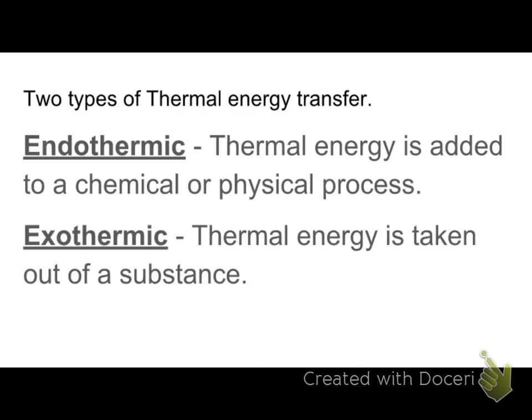So if we go into a house and our body warms up, our body's the system because our body's getting more energy from the warmth of the house. So that's called endothermic. Okay? And exothermic is energy is going to be taken out. So if I go outside on a cold day, energy is released from my body to the outside. And so energy is exiting from my system, from my body.